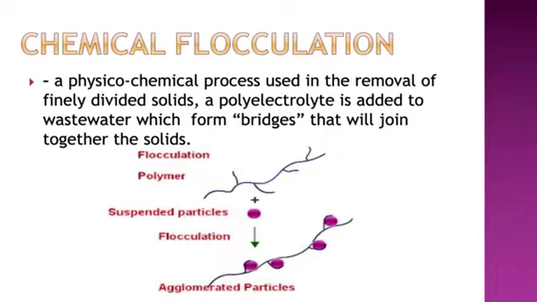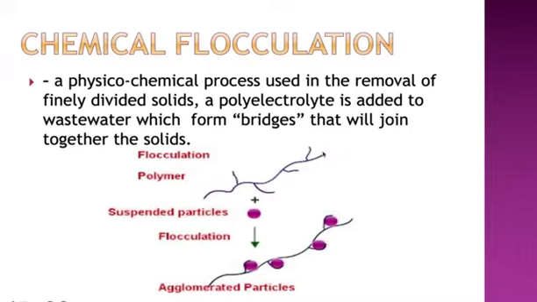Next is chemical flocculation. In chemical flocculation, you are also adding some chemicals, polyelectrolyte chemicals, into the water. Polyelectrolytes means there is a series of electrolytes. When you say electrolytes, those have charges.